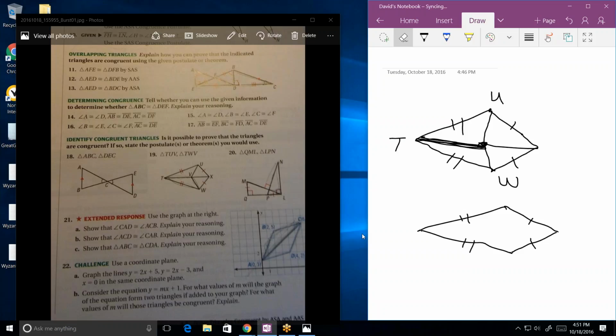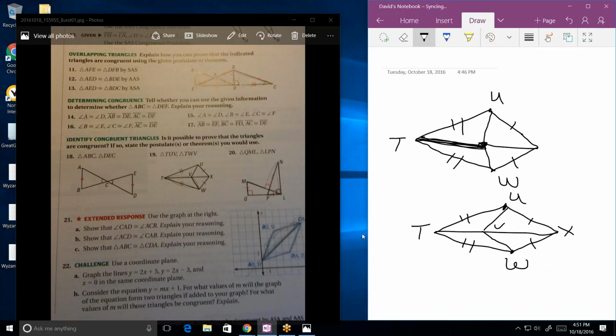You're right. But we do know if I, sometimes I hate this program. If I draw this line, I know that TUX is congruent to TWX, right? Yes. Now, notice that no matter where I connect to, anywhere along this line, I'm going to end up with two congruent triangles.